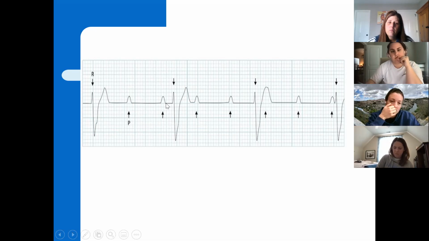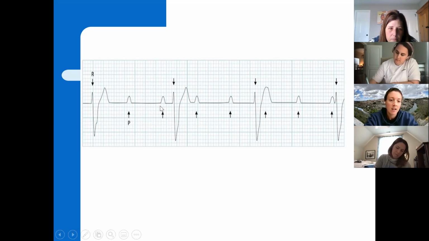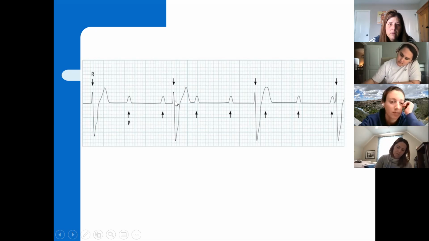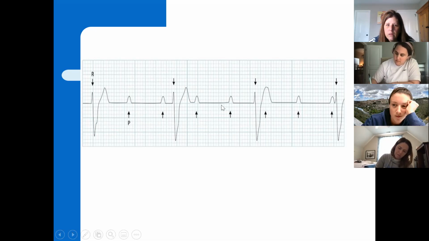So the PR is not really within the right measurement. If I counted out this PR, 1, 2, 3, 4, a little more than 5, I'll say, maybe. And then this one, it's elongated as well.